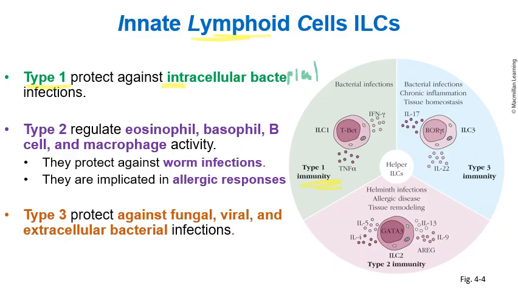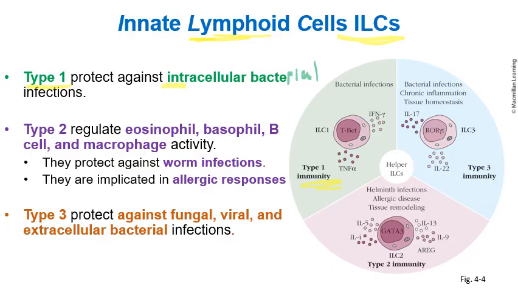And as you're going to see with a lot of mechanisms of innate defense, you have several pathways that are redundant. You have one pathway that fights virus and bacteria, another pathway also fights virus and bacteria. Well, the reason is that if one pathway fails, then the other pathway can pick up the function and you still survive. So when you look at type 1 innate lymphoid cell response, you're mainly looking at intracellular bacterial pathogens.